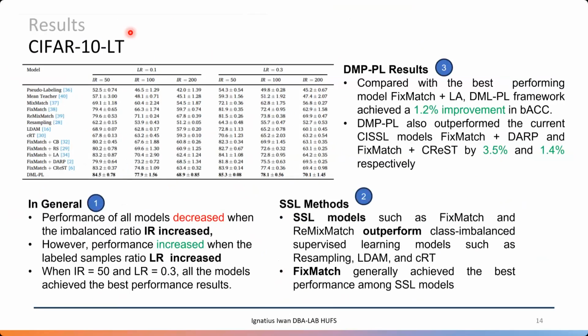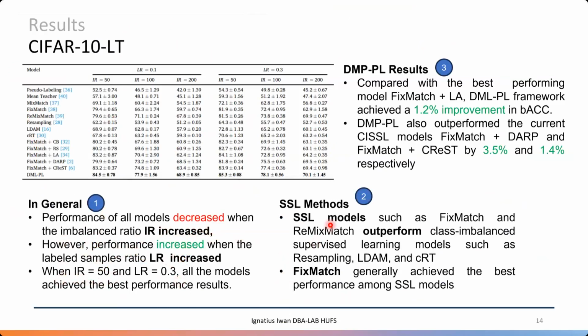And this is the result for the first data set. The performance of all methods decreases when the imbalance ratio increases, and the performance increases when the labeled sample ratio increases. And all of these methods achieve the best when IR is set to 50 and LR is set to 0.3.